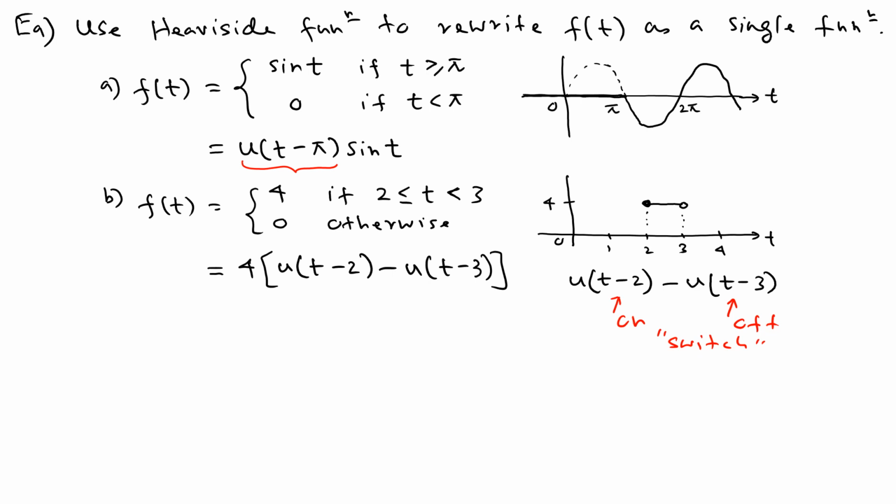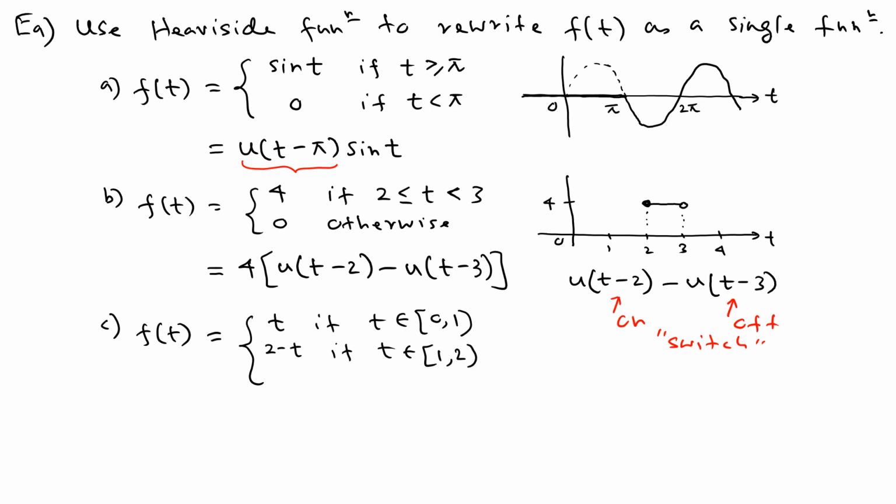So let's look at 3 functions. We have f(t), which is t if t is in the interval 0 to 1, and 2 minus t if t is in the interval 1 to 2, and 0 otherwise.